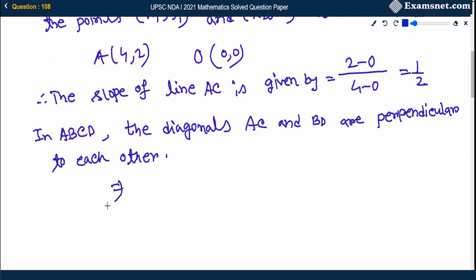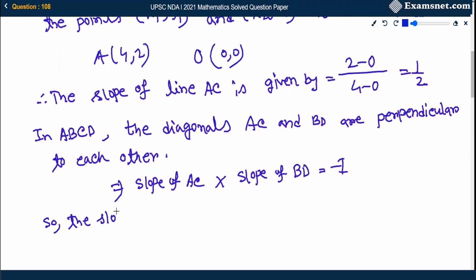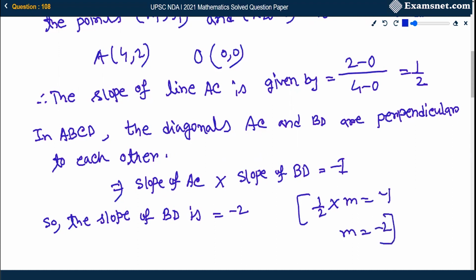That means the product of the slope of AC and the slope of BD equals minus 1. So the slope of BD is minus 2, because half multiplied by m equals minus 1. That means m will be minus 2. That's how we got minus 2.